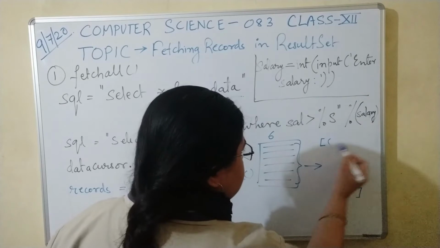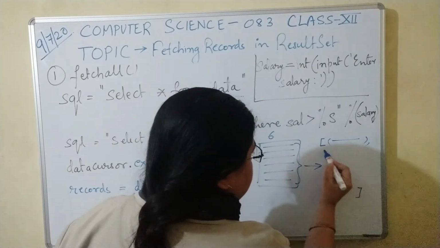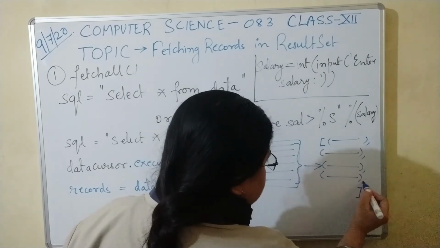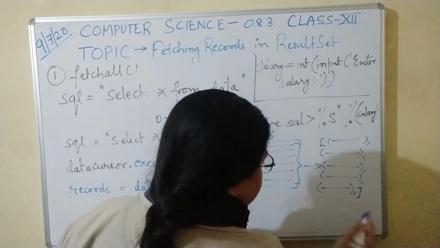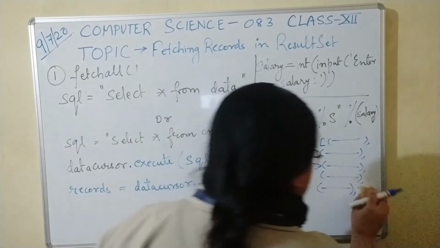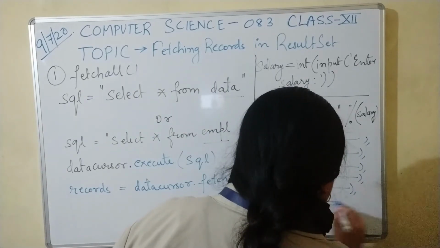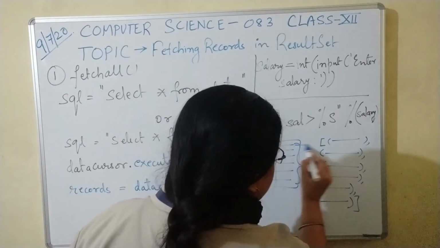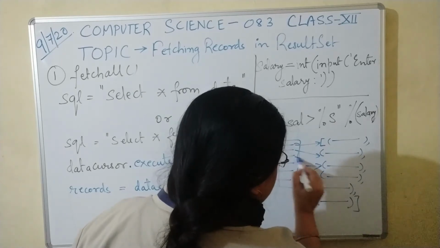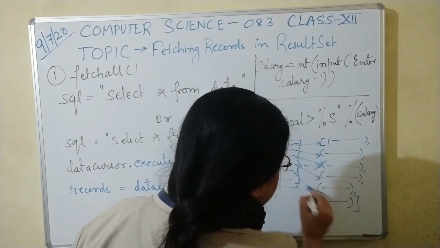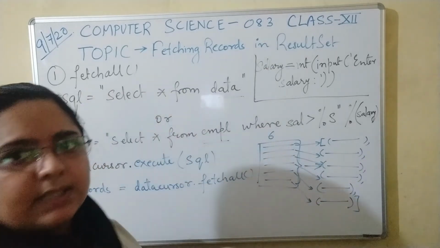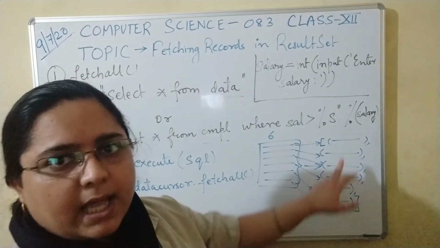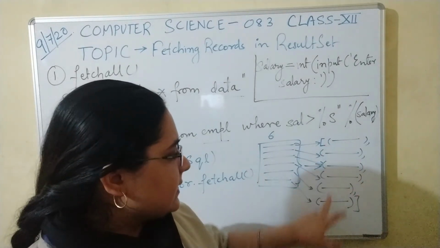Within this list, each record will be in a tuple, so you will have 6 different tuples within the outer list. The first record is this tuple, this is the second tuple, and so on. Each record is saved in a tuple, and all these tuples are saved in a list.